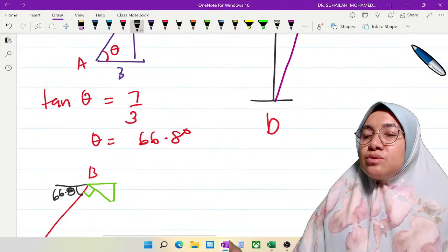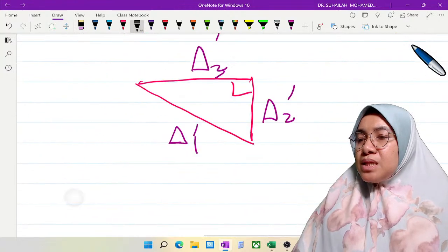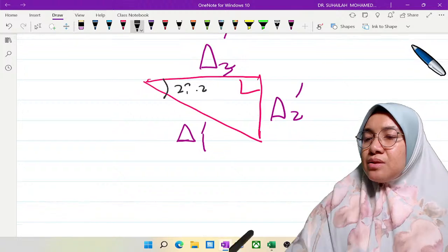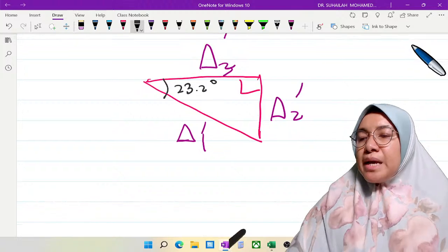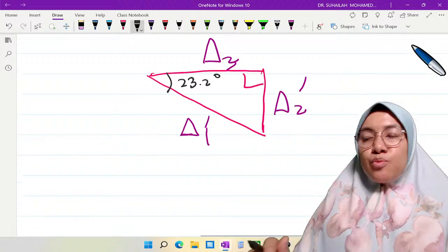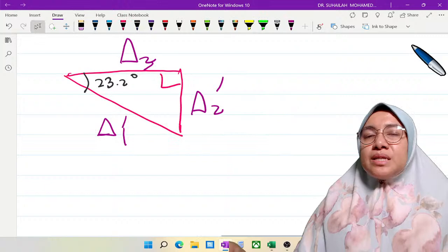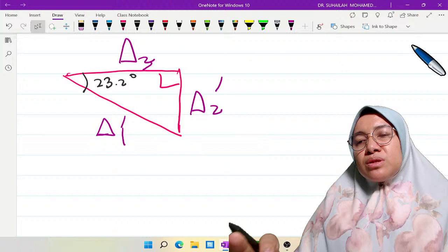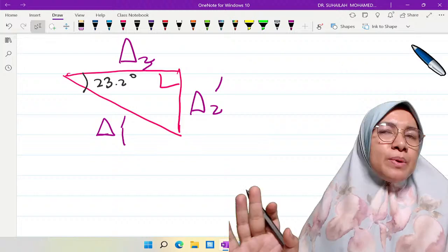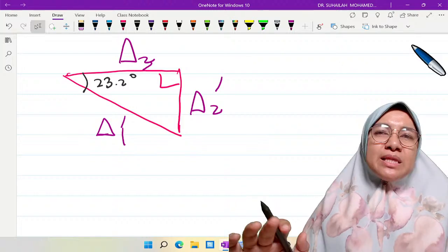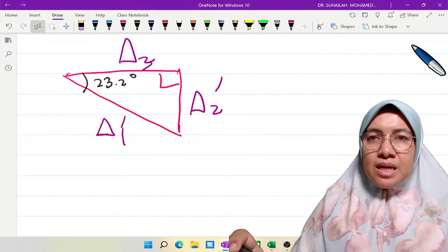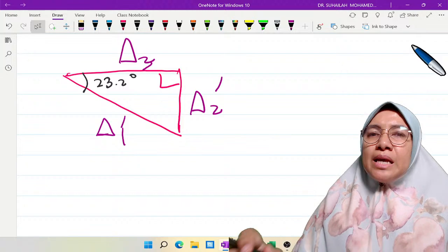So this one we will get as 23.2, which is 90 minus 66.8. This is the angle. So this angle is important. This is all the mathematical, the basic knowledge of mathematics that we need to apply in the moment distribution method.